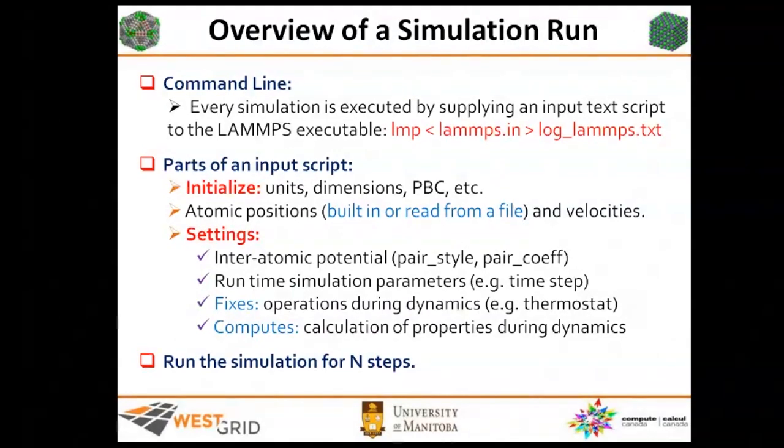Then you have to put some fixes and computes. Fixes are related to the ensemble, for example fix NVE, NVT, NPT, and so on. During the simulation, you can compute some properties or averages. If you don't want to have all the data, you can just compute some of them.